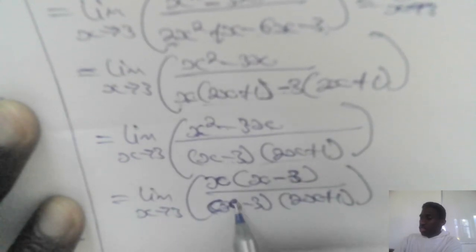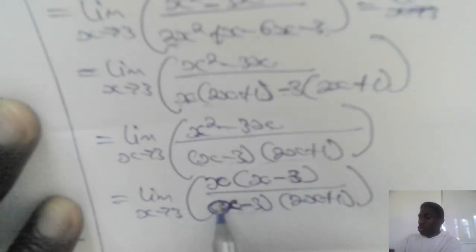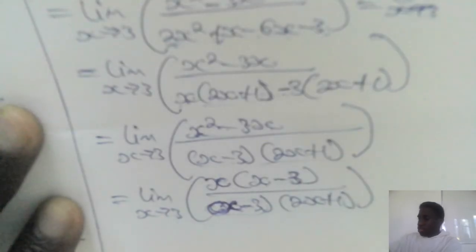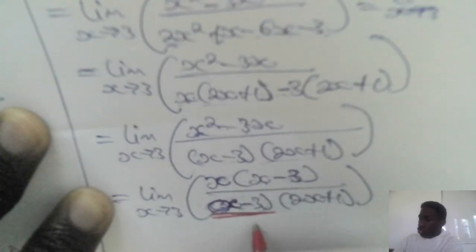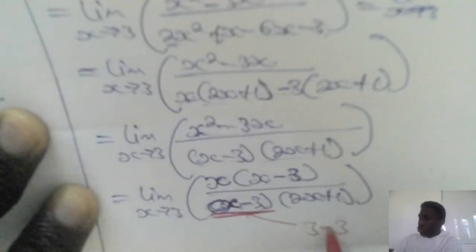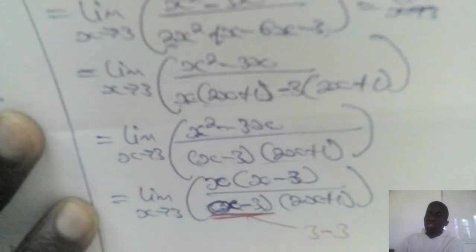Now, this x minus 3, if you notice, when we put 3 into x minus 3, you have 0, right? 3 minus 3 is 0. So this is what causes your 0 at the denominator. So the cancellation eliminates this one here. This x minus 3 gives us 0, because 3 minus 3, once you do that substitution at the beginning, is why we had a 0 at the denominator.